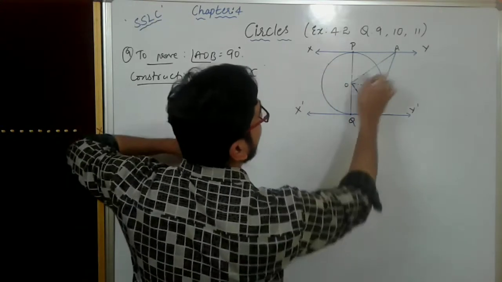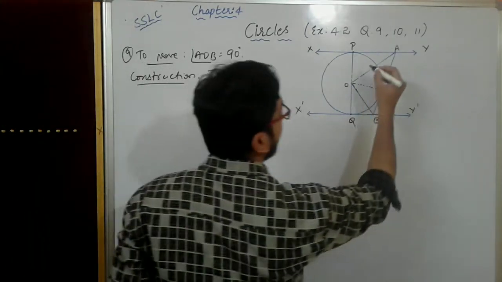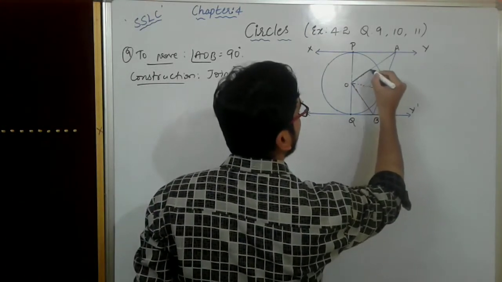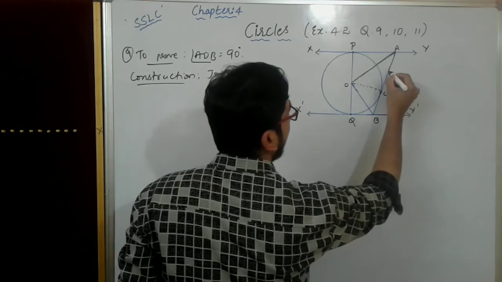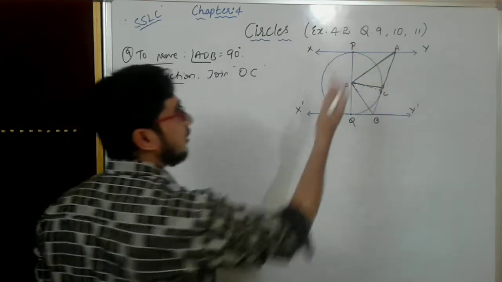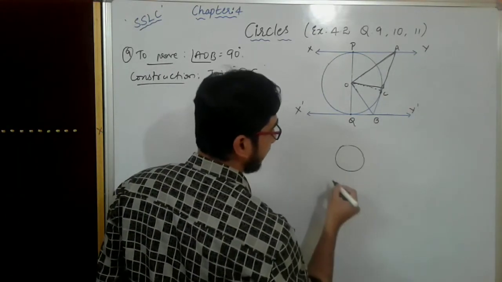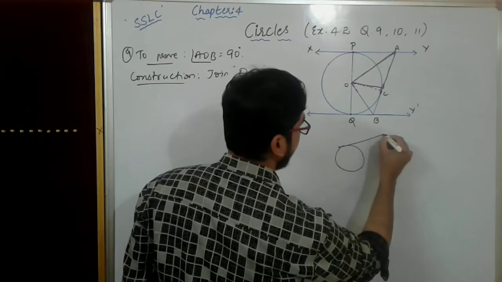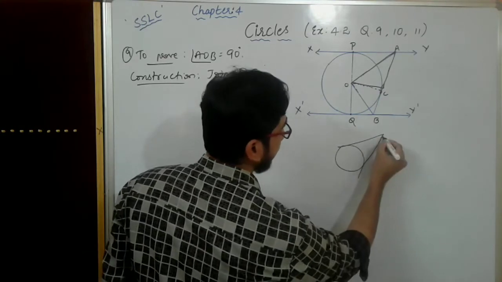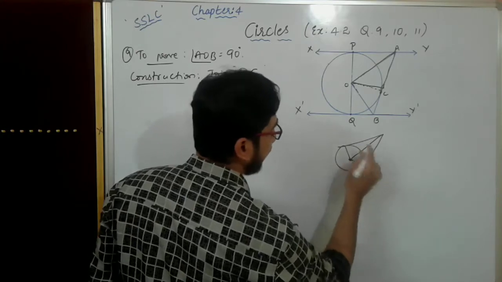This is one triangle and this is another triangle. Just I'll write the figure here like this. These 2 are the triangles.